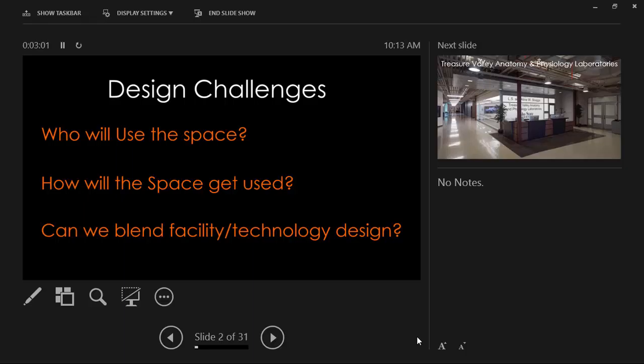So much of the construction projects that I run into on main campus, it's a room that gets built, and then we get the call, and we have to retrofit a brand new room with this technology, whereas here we wanted to have the opportunity to do some simultaneous design.